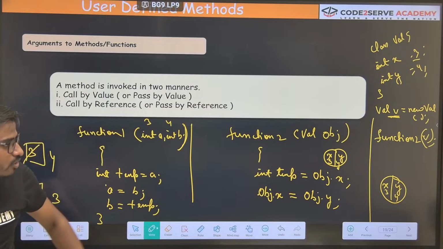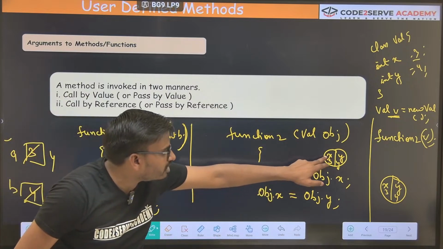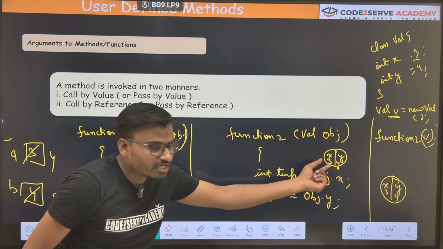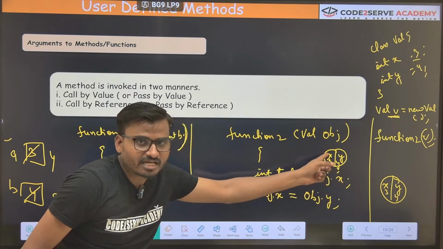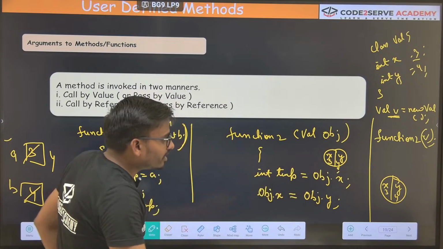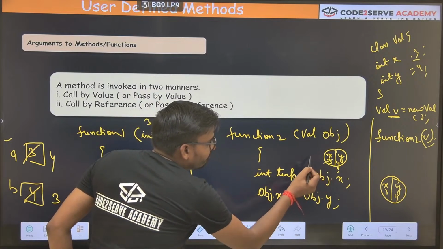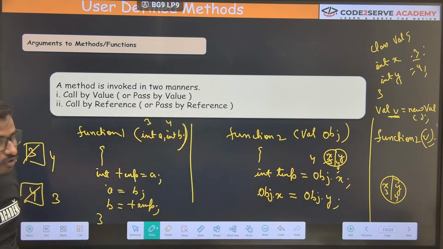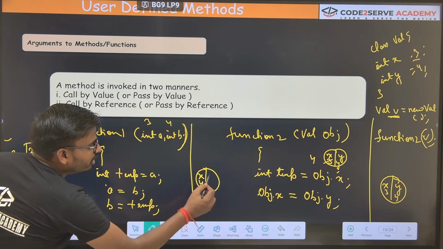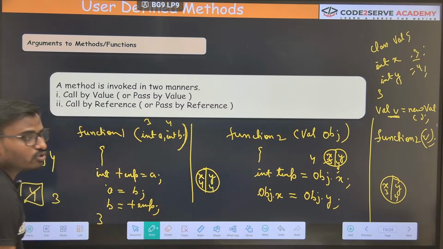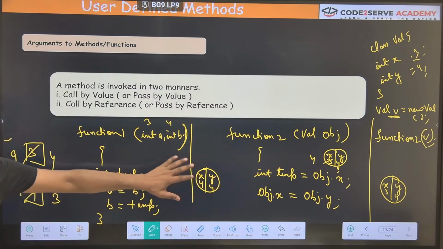Whatever the value in x was, I'm telling that the y value should come in x. Now in x, 4 will be contained. So the current status of x is 4 and the current status of y is also 4. Now both values are 4, 4.